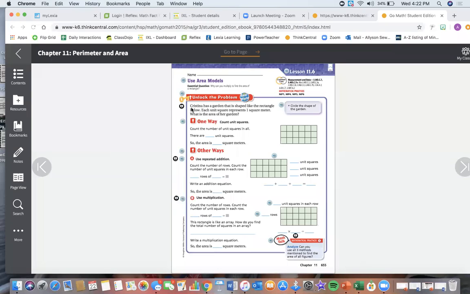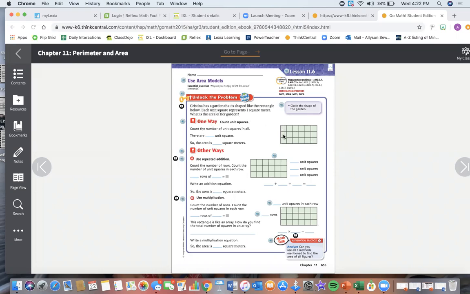So one way, okay, let's read the problem. Christina has a garden that is shaped like a rectangle below. So this is the rectangle. Each unit square represents 1 square meter. What is the area of her garden? So one way is the way that we've learned already, and it's to count the unit squares. So I can count every unit square in her garden.